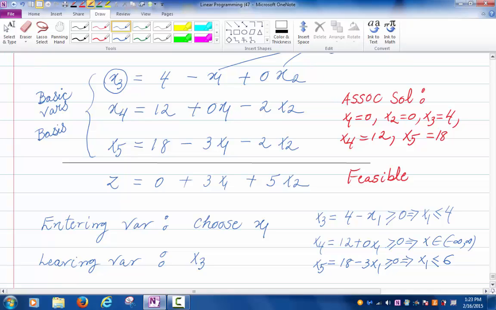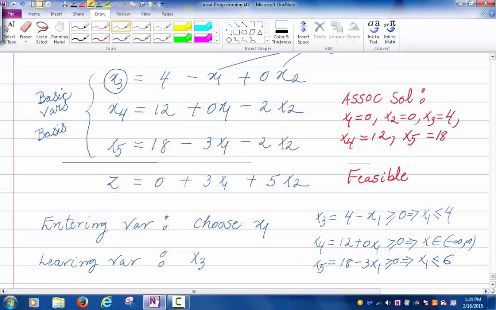Suppose you have two candidates for the leaving variable. Pick one of them. In that case, I can pick any one of them to be the leaving variable. That's not the case here. We have just one choice here. So x3 is the leaving variable.